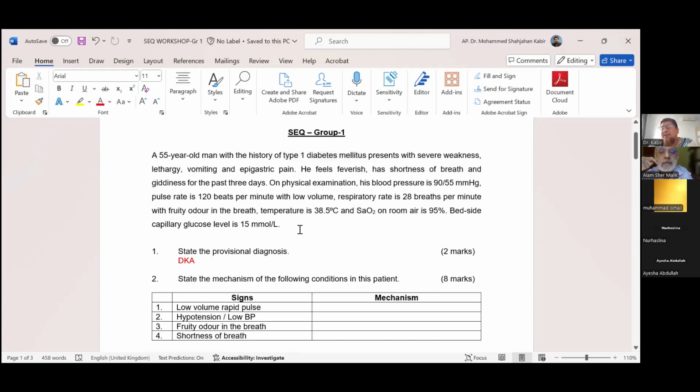So even if I have given the provision of the suspicion, that would not be the fault of the examiner, because you have already told them. But as you say that not 100% of students would give the answer of DKA, we cannot penalize them more than once.